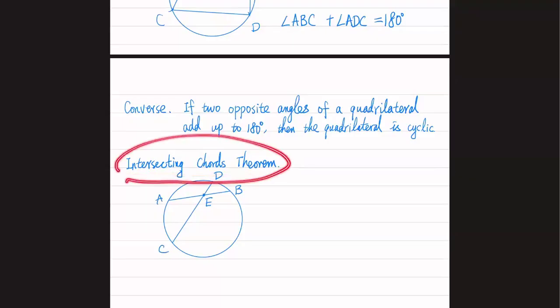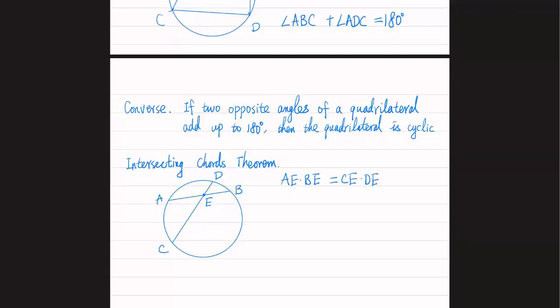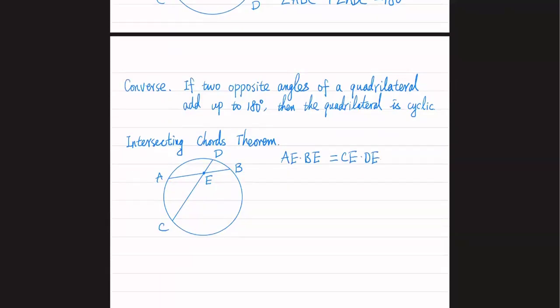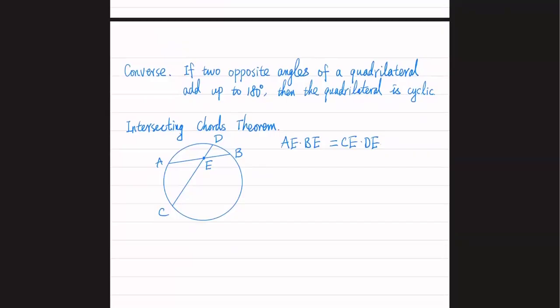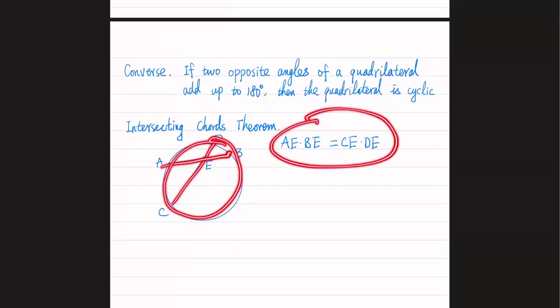It's AE times BE equals CE times DE. All right, yes, thank you. The theorem says that the product of the two parts, AE and BE, with CE and DE. So if we have two intersecting chords of the same circle, then the product must be the same. That's the intersecting chord theorem.